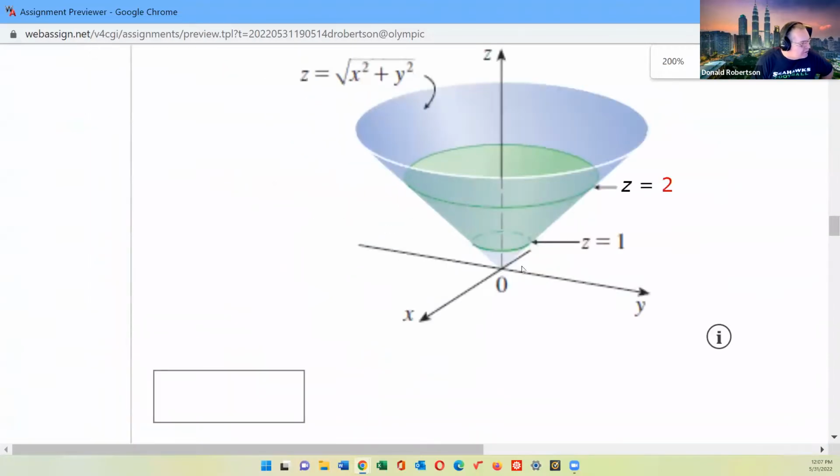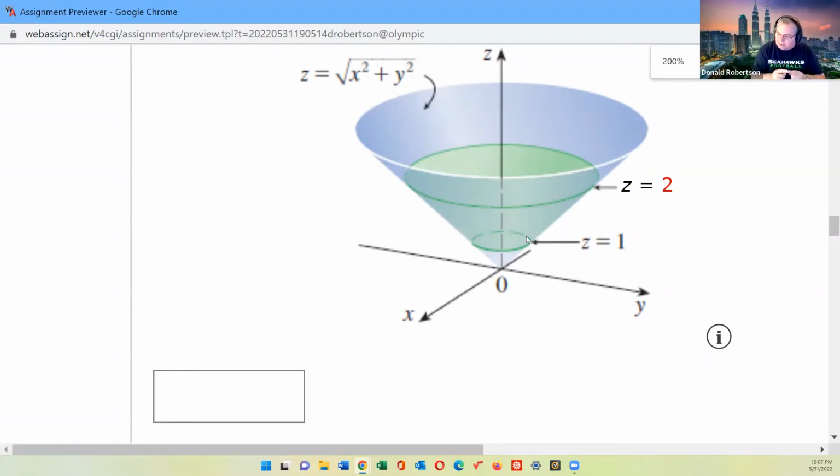Can you see the blue is the surface, but the piece of the surface I'm talking about is that bit there, right? It's sandwiched between z equals 1 and z equals 2. So that's the surface, right? And on that surface, every single point has a vector function being applied to it, right?